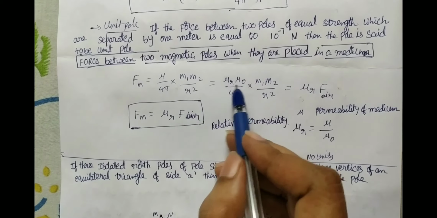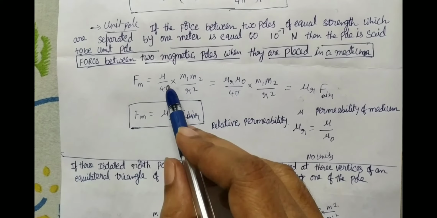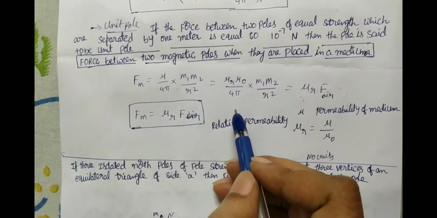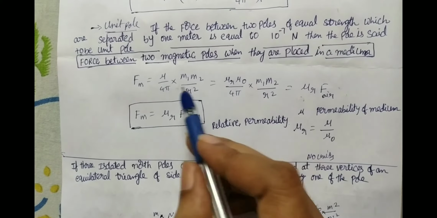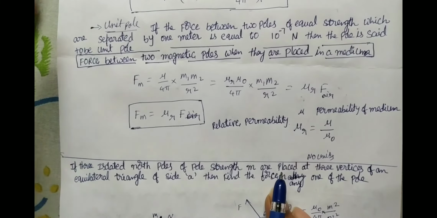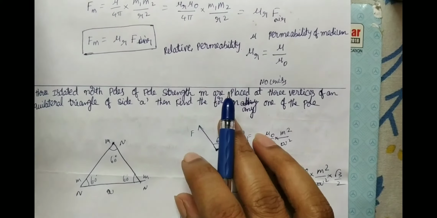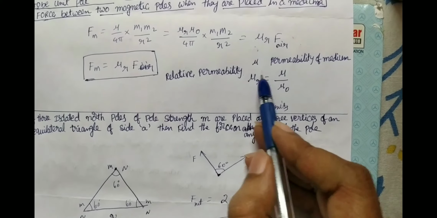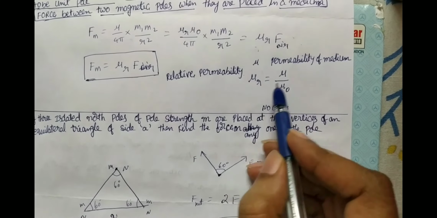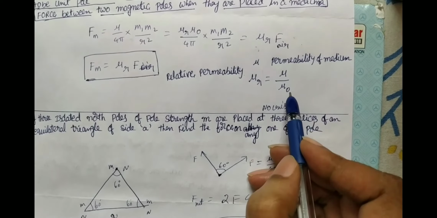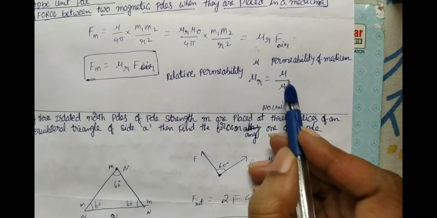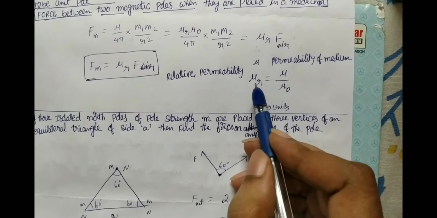We have a relation between these two. Mu is equal to mu R into mu naught. What is mu R? Relative permeability. Relative permeability means mu R is equal to the permeability of the medium divided by the permeability of free space. From this we can write mu as mu R into mu naught.